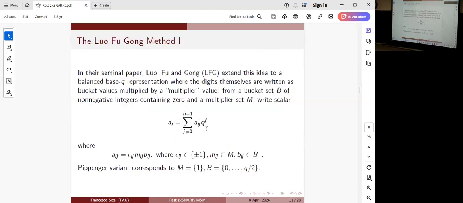So Luo, Fu, and Gong write the bucket in a way where you split each value of the bucket multiplier into basically a multiplier m and the bucket value here.